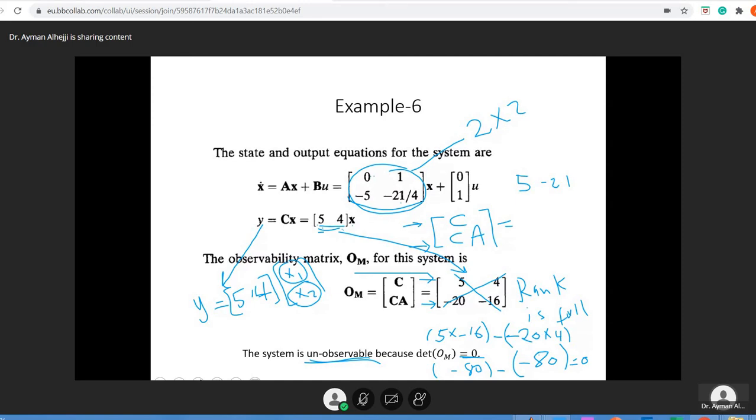We found out the system is unobservable, so no need to design an observer and controller to observe the output from the actual plant. So that's why we call the system unobservable.